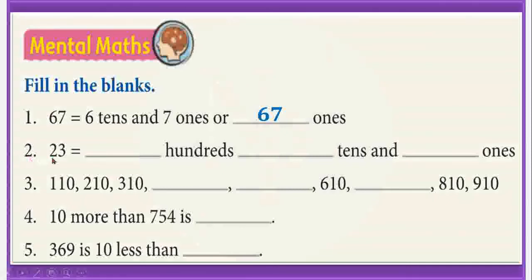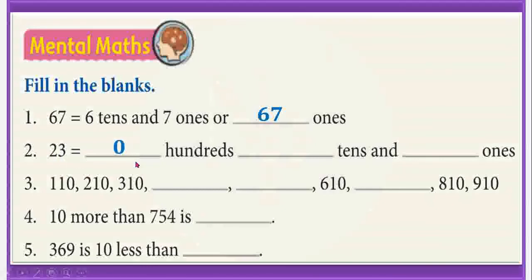Question number 2. 23 is equal to dash hundreds, dash tens and dash ones. See, 23 is a two-digit number. It is not having any digit in hundreds place. Therefore, how many hundreds does it have? It has no hundreds, or we may say the number 23 has 0 hundreds.